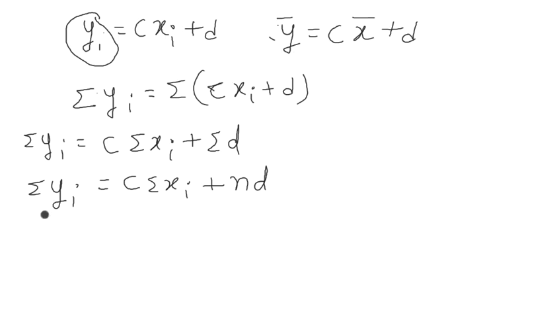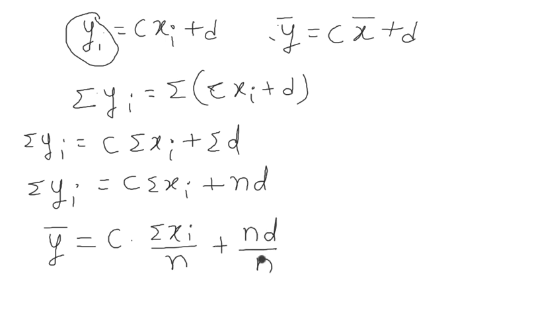I will divide by n on both sides. So if I divide summation yi by n, then I will get, obviously, y bar according to the definition of arithmetic mean. So c summation xi upon n plus nd divided by n.